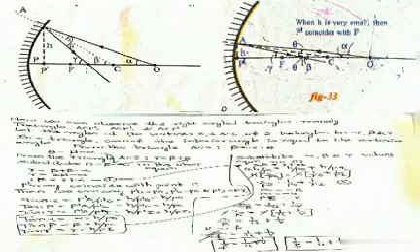Okay, so once you observe this figure, first figure, observe a ray coming from the point O, which is on the principal axis of a mirror, falls on the mirror at a point A, which is at height h from the axis, and after the reflection passes through the point I, which is also on the axis.